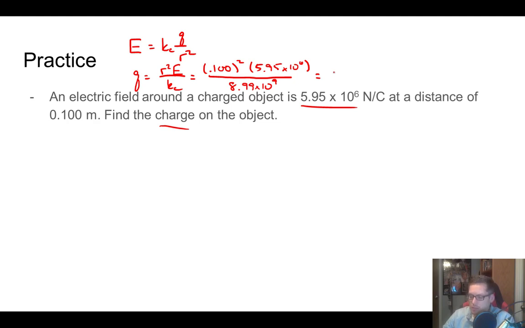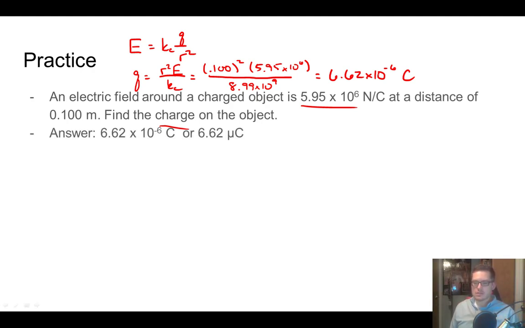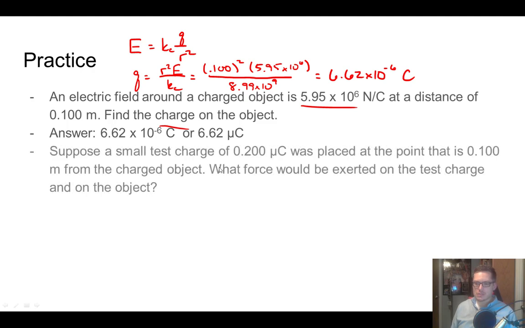So we get 0.1 squared times 5.95 e to the 6th divided by 8.99 e to the 9th. We want 3 sig figs, so 6.62 times 10 to the minus 6th. The units would be coulombs, because it's a charge. I remember that because charge and coulombs both start with the same letter. We could change it to microcoulombs by dividing by 10 to the 6, so it becomes 6.62 microcoulombs.